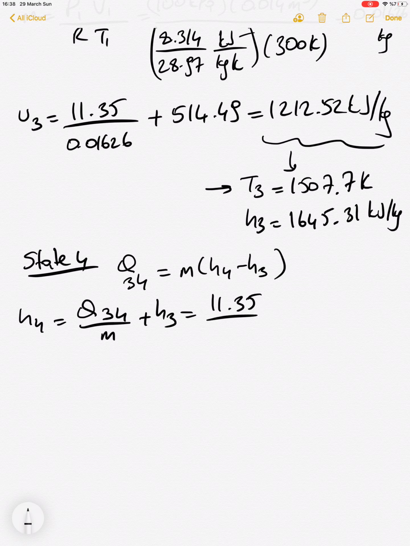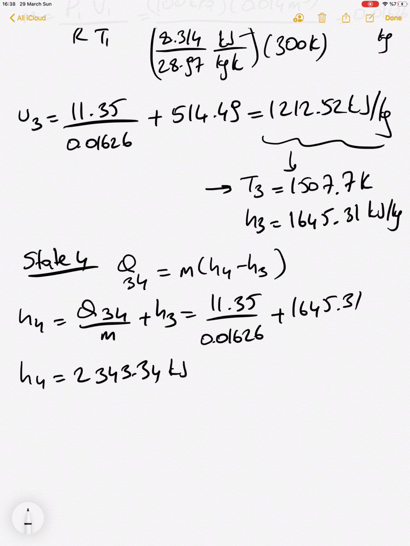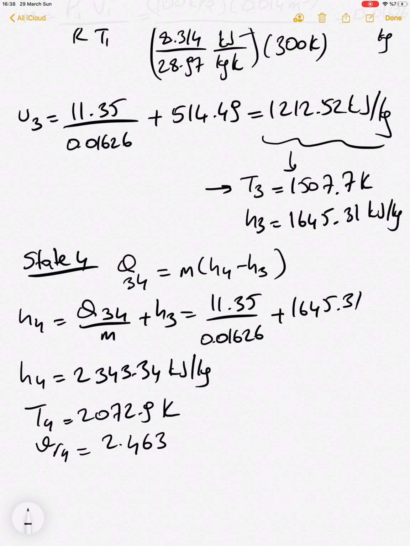We already calculated mass. Mass doesn't change. 0.01626 plus 1645.31. So H4 is going to be equal to 43.34 kilojoule per kilogram. Therefore, T4 is automatically determined from the table, Kelvin, and we will need VR4 for the fifth state, 639.